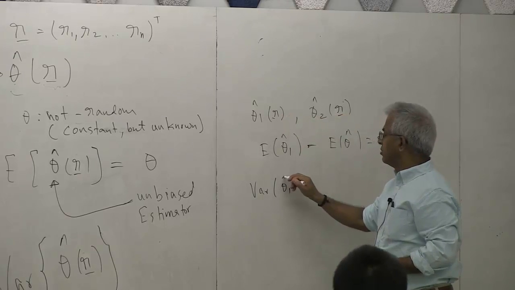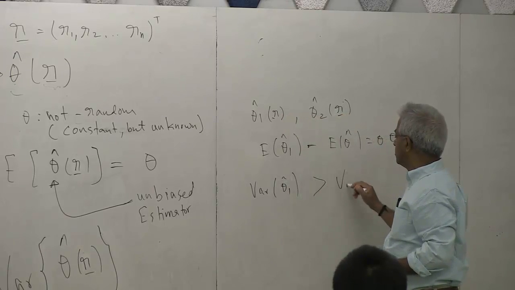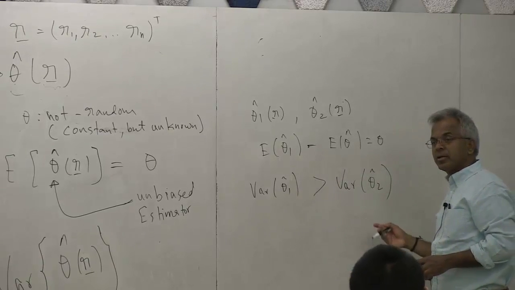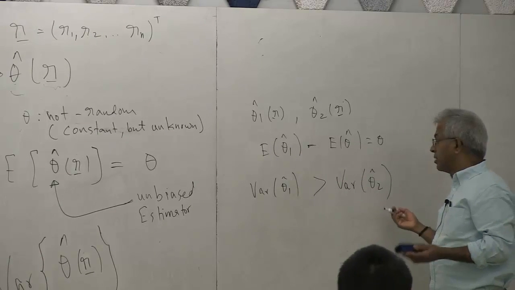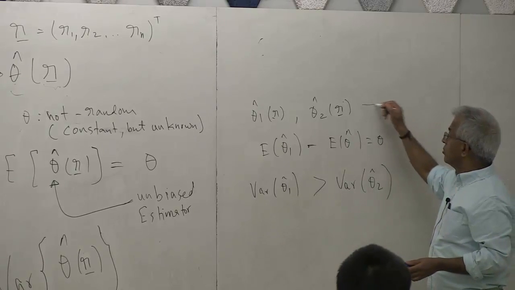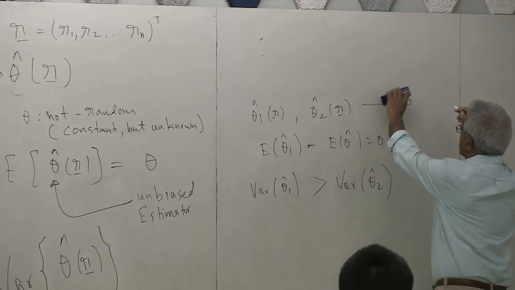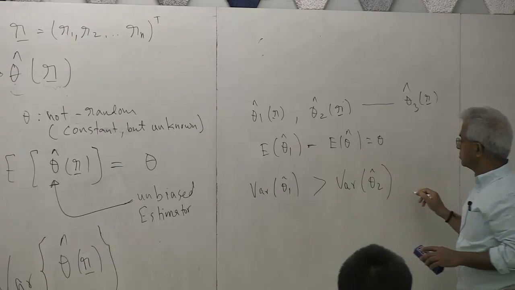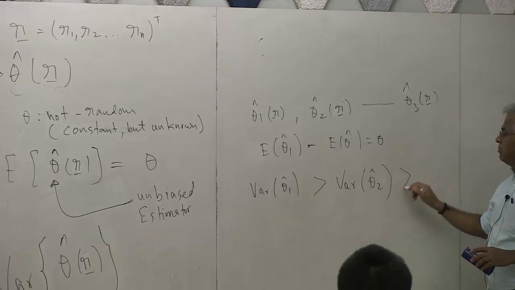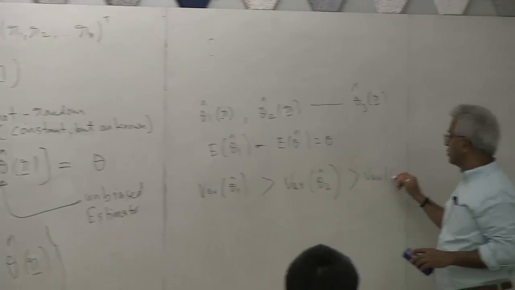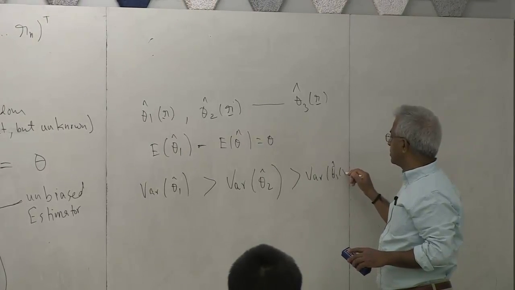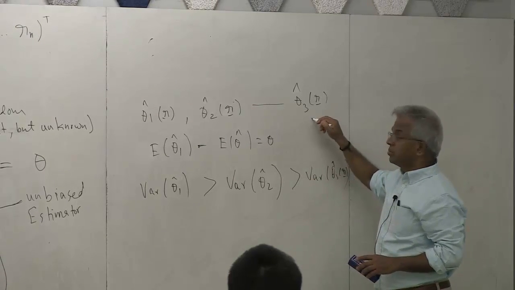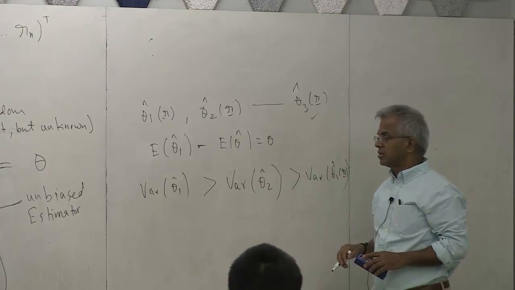But then if you look at their variances, and let's say you have this property, then which estimator is better? The one with the lower variance, right? But now what is unclear is, maybe a person might come up with a third estimator, which may be even better than this. Then this will be better. So where do you stop, right? Which is the best estimator?